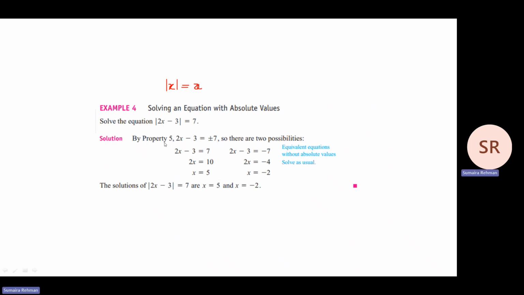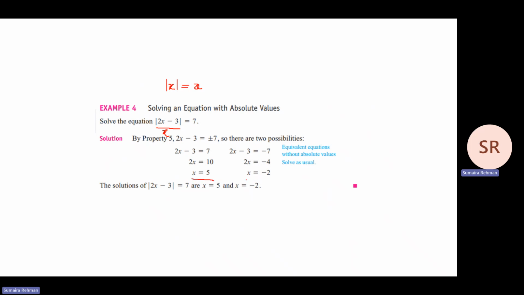This whole is now our x. So this will be equal to plus minus 7 over here. Now this means we need to solve this equation one time with 7 and the second time with negative 7, and both will be the solution of this equation.